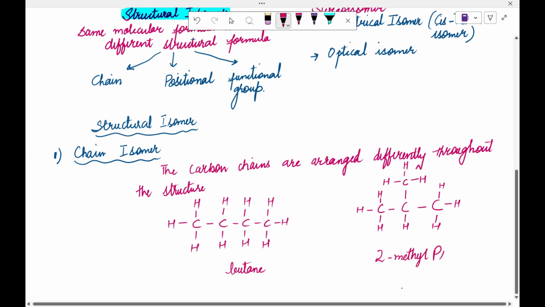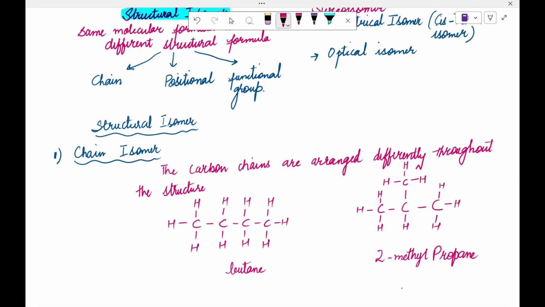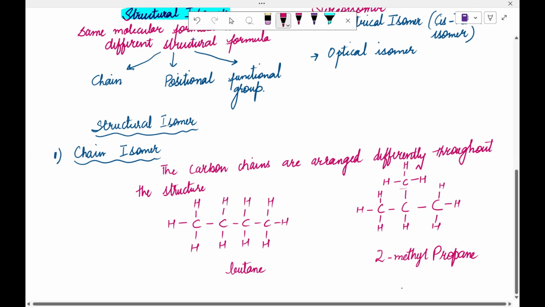You can see that basically the arrangement of carbon atoms in the chain is different now. Here they were having four carbon atoms in the chain, but now one carbon becomes the branch. This methyl group becomes the branch.